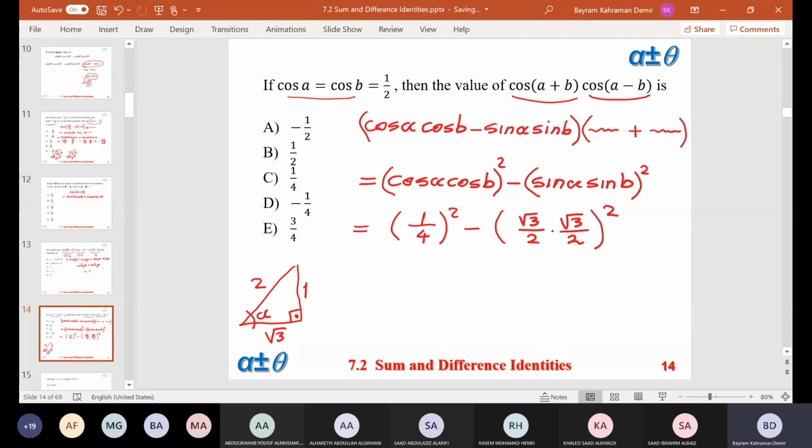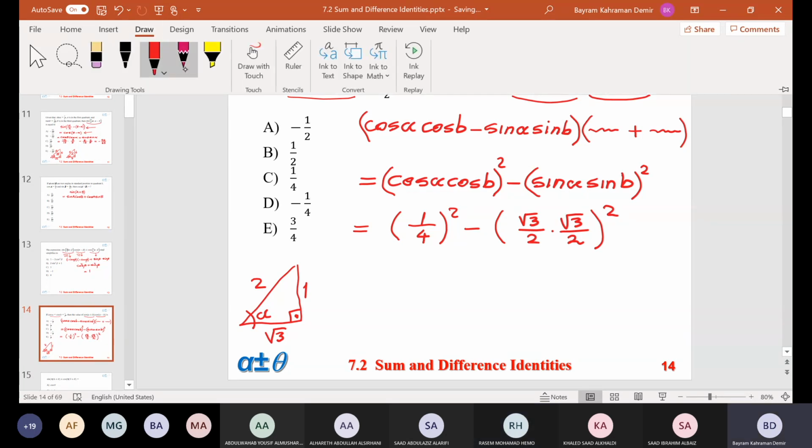Doctor, we need to interchange between 1 and root 3 because it's cosine. Right? You are right, Shabab. Thank you for this.